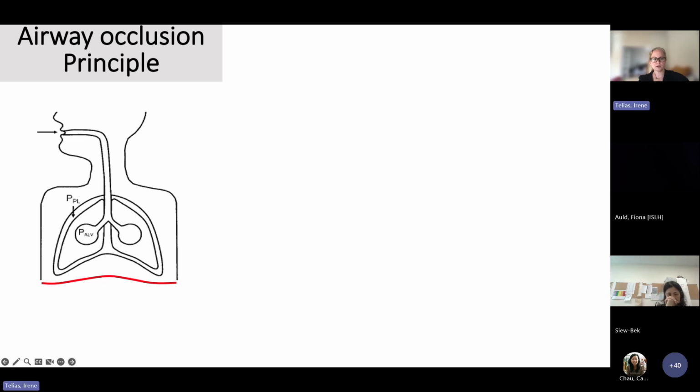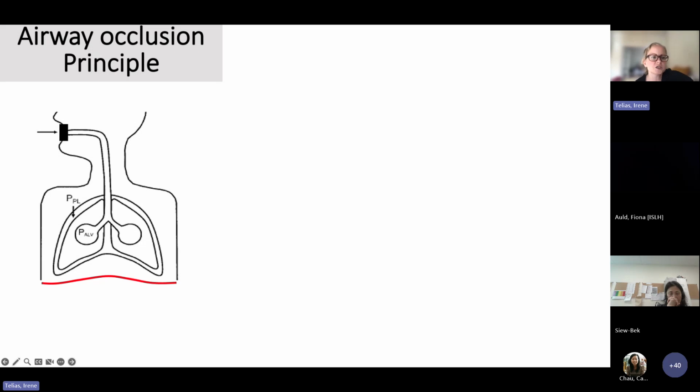If the airways are open, each of these compartments, the alveolar space and the pleural space, act separately. A pressure gradient is generated between the two, and there's dissipation of pressure, okay? When we close the airway, all of these compartments become one compartment.